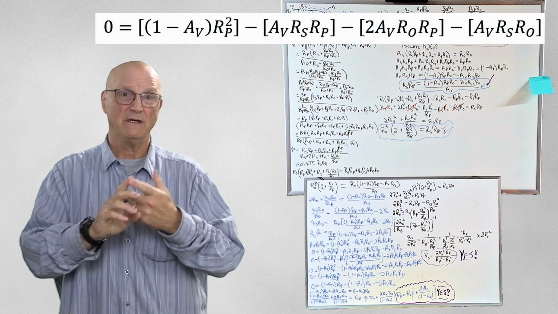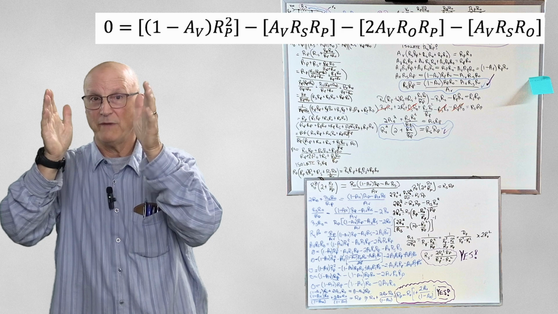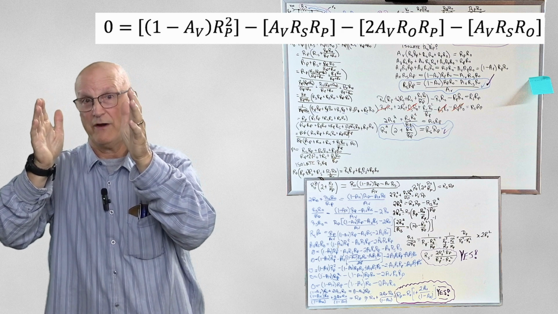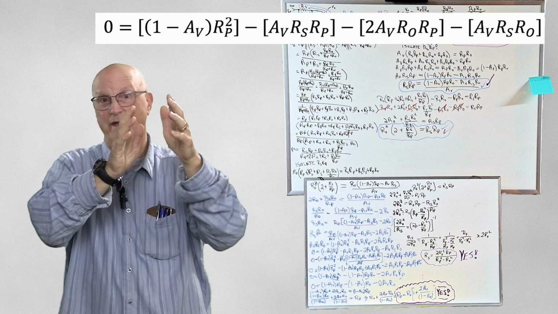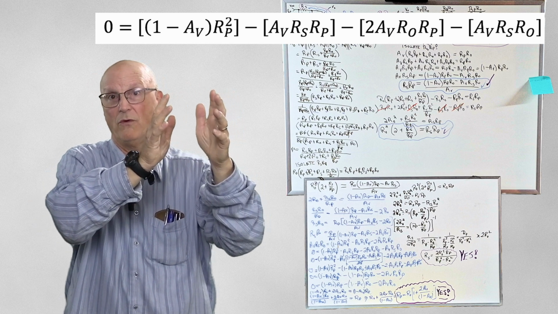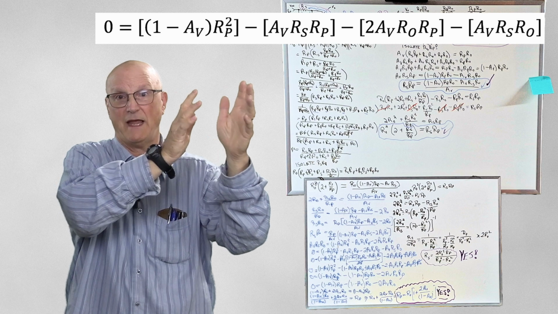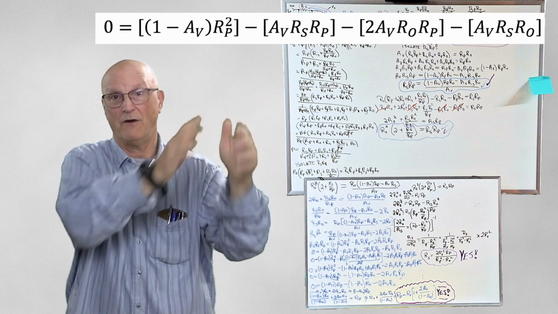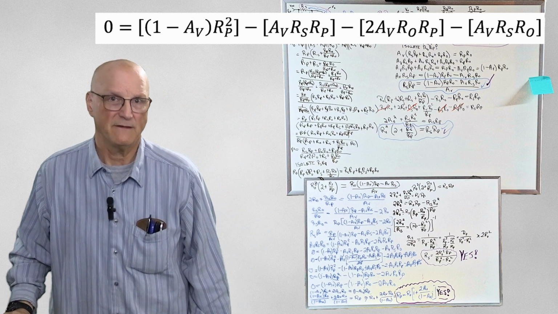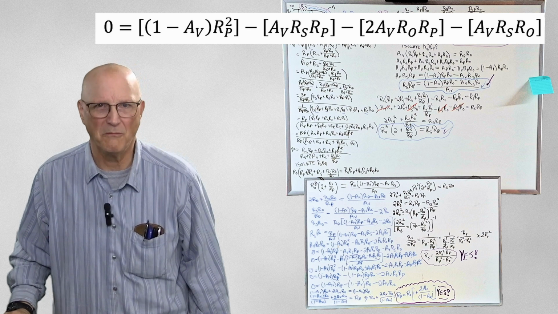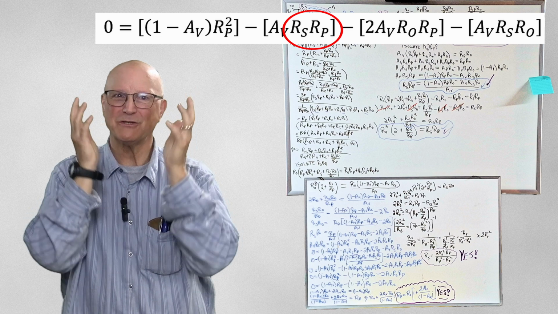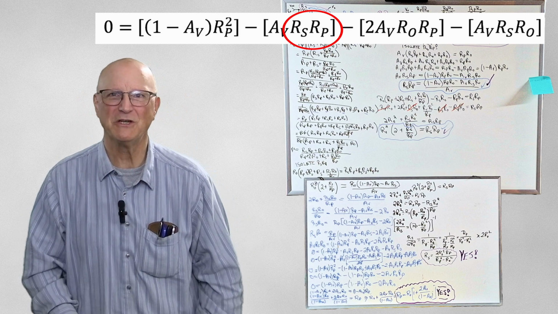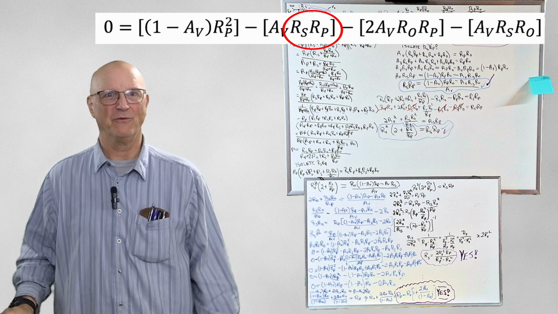We have 0 equals 1 minus AV times Rp squared minus AV-Rs-Rp minus 2AV-Ro-Rp minus AV-Rs-Ro. But we have a problem. Notice that we end up with the same miscreant term in the middle of this equation too. Now what do we do?